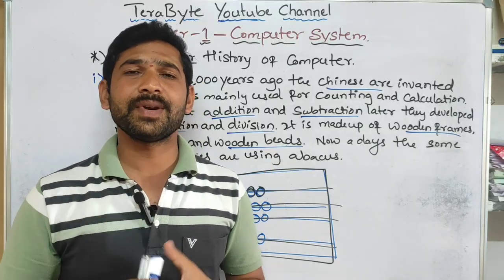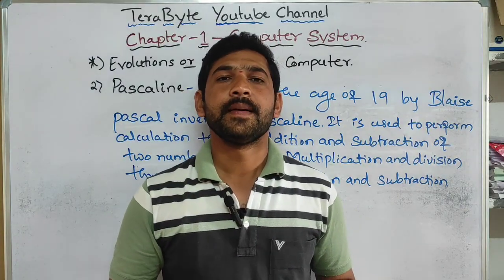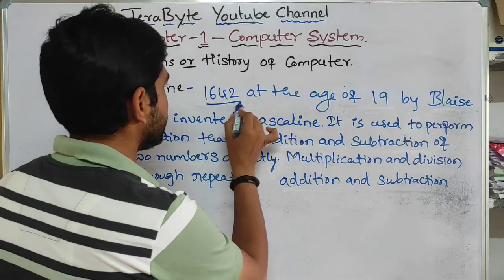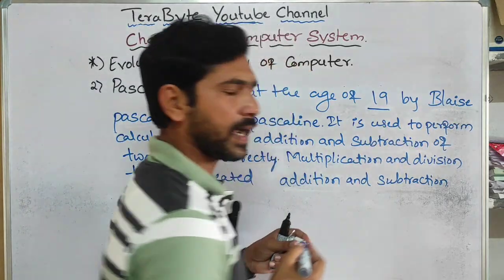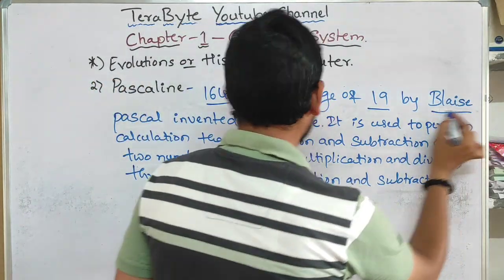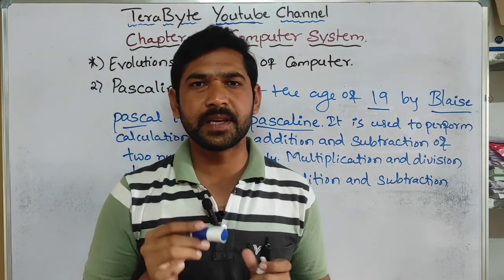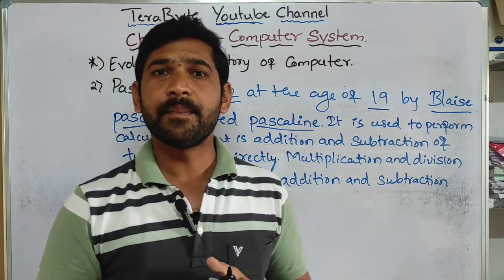Okay. So the next one is Pascal Line. See, in the year 1642, at the age of 19, the French mathematician Blaise Pascal invented Pascal Line.